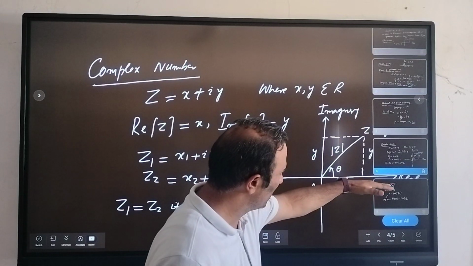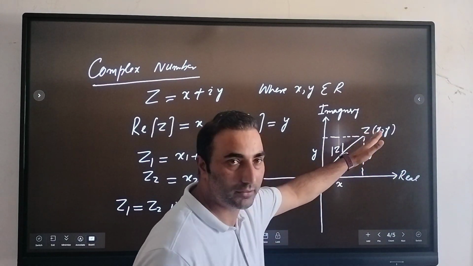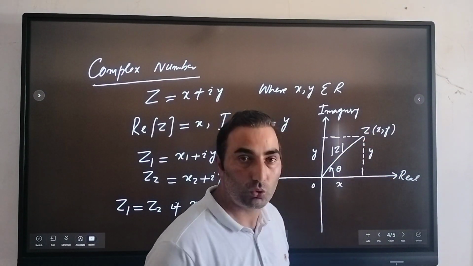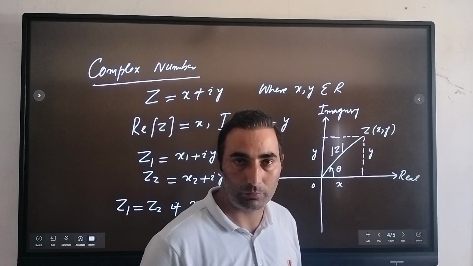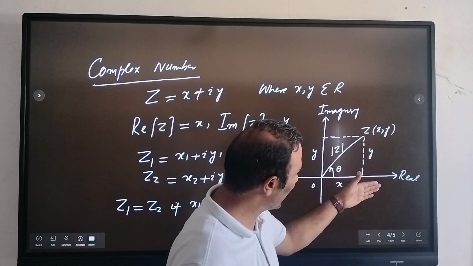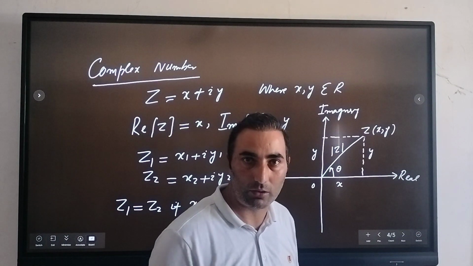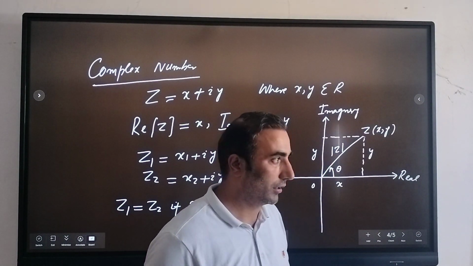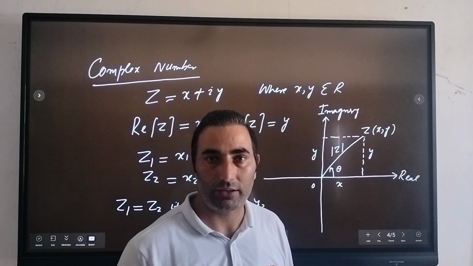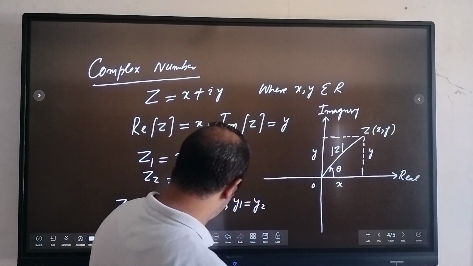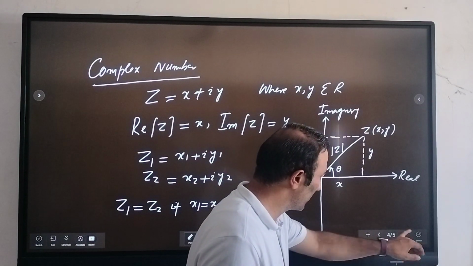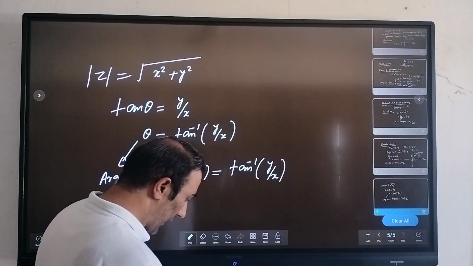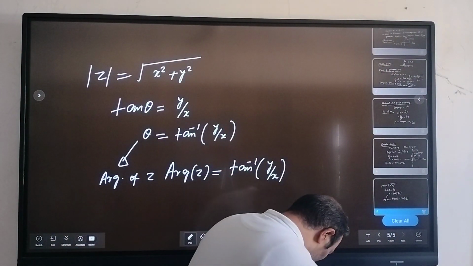Starting from the positive real axis of this plane, the angle that is made by this complex number with the real axis of this complex plane. But take this direction, counterclockwise. So this is how we can define the argument of a complex number. And in addition to that, there are some properties.